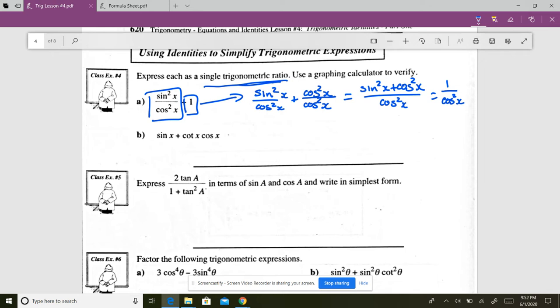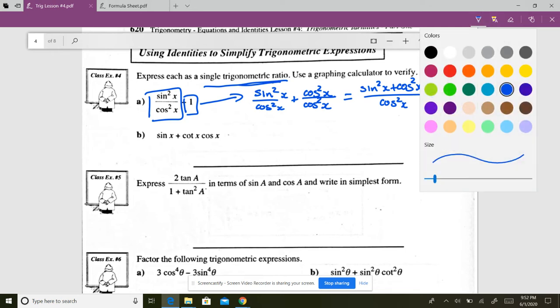That is the same as 1 over cos of x all squared, because 1 squared is 1, and then square the bottom. And 1 over cos is secant x, and it's all squared, so it's secant squared x. That's a simplified version of that.